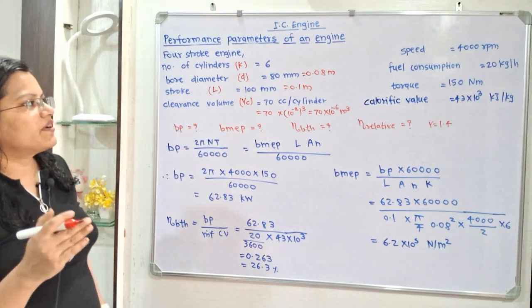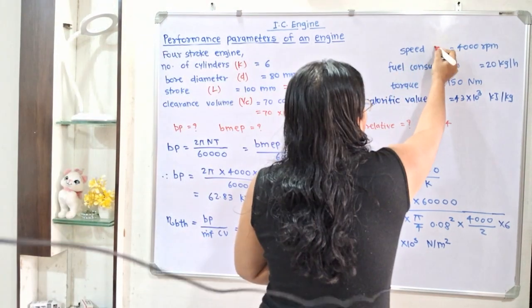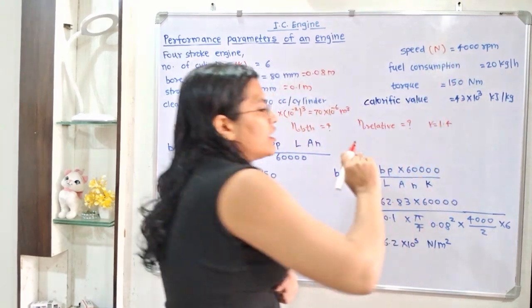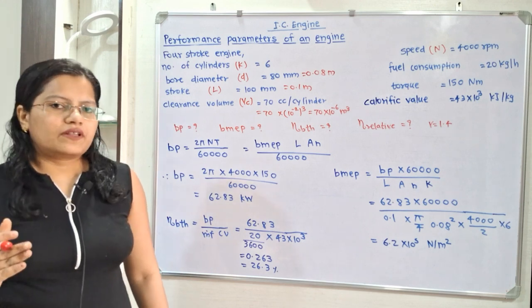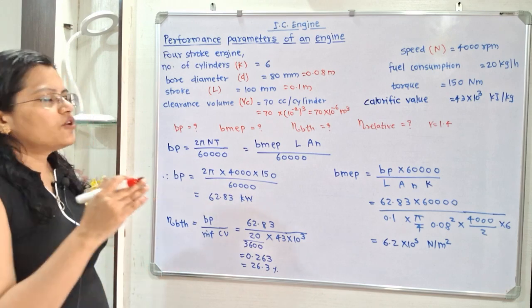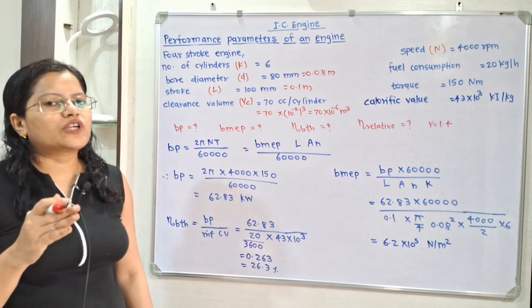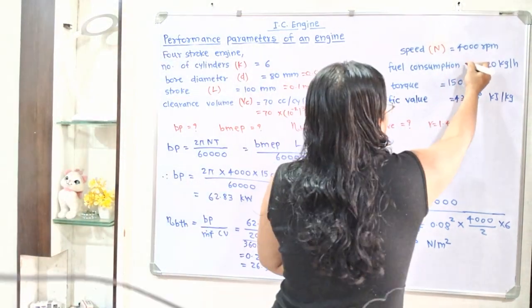Then speed is given as 4000 rpm. For speed we give the notation capital N. Then the fuel consumption is given as 20 kilogram per hour, but the standard unit is kilogram per second. Fuel consumption is also known as the mass flow rate of the fuel, so we give the notation m dot f.